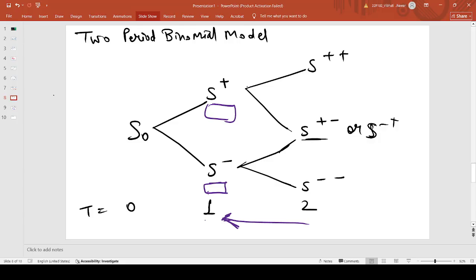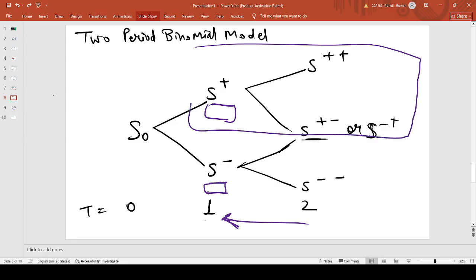So we are using these two nodes just like a one period binomial model. These two nodes will give you one value, which you will discount and bring here.